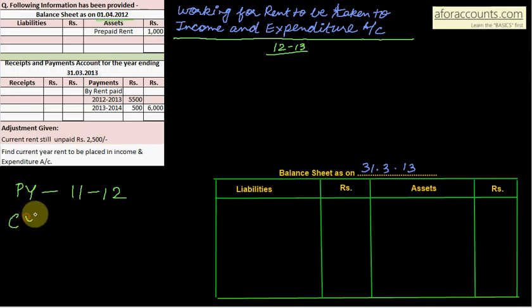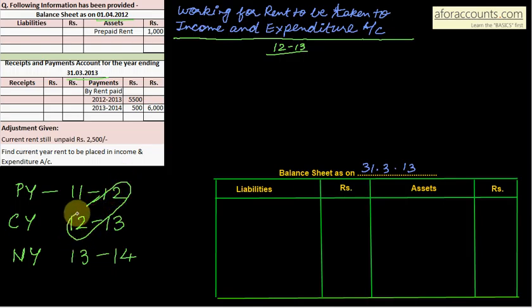Now the current year: the year ending 31/3/2013, so 12/13 is your current year. And the next year will be 13/14. So 11/12, 12/13 and 13/14. Let's start with the solution.